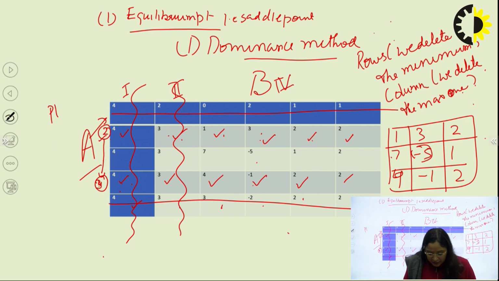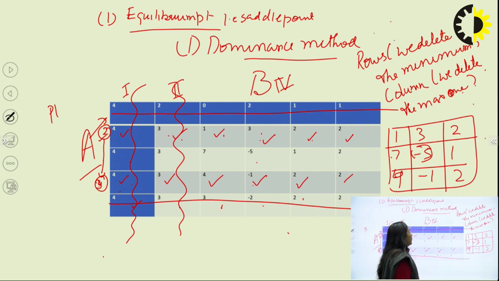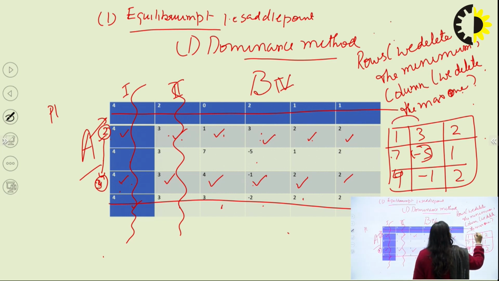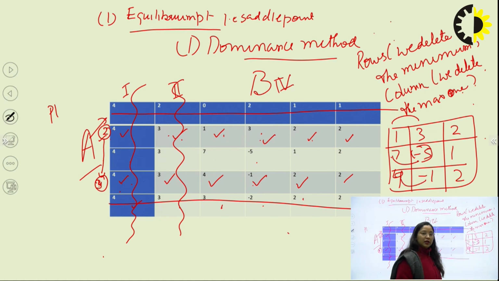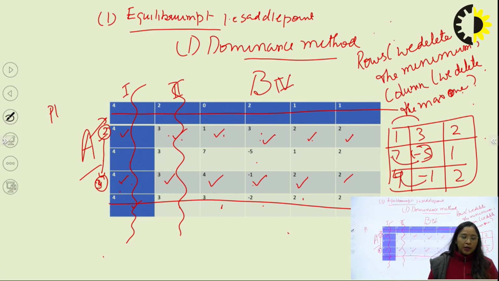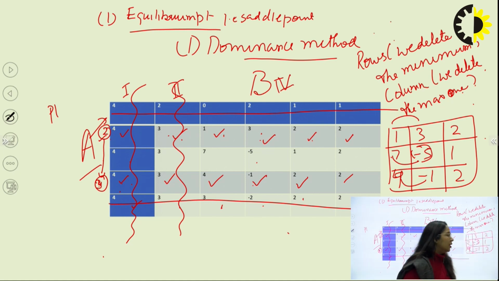Now what is the average rule? We will find the average of two elements and see whether their average is dominating the other column or row or not. In this case, for example, this is 3 plus 1 divided by 2, 7 minus 5, 4 minus 1.